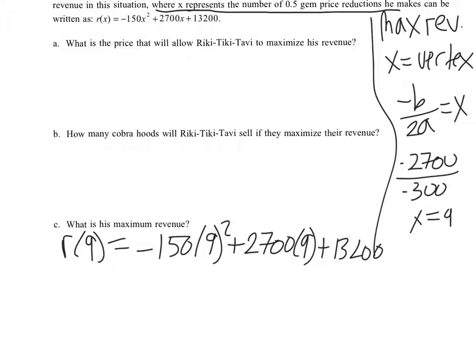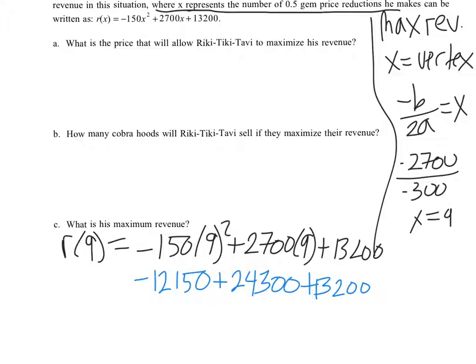So negative 150 times 81, so negative 12,150, plus 27 times 9 is going to be 24,300, plus 13,200.